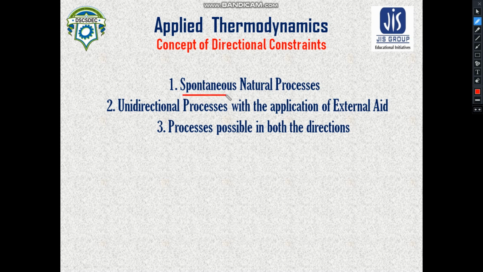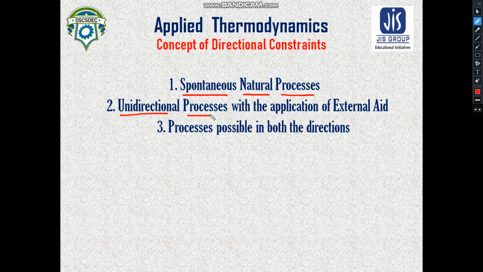This is the first one, the spontaneous natural processes, like water flowing from the higher elevation to the lower elevation spontaneously. Like this one, when electricity is flowing through a wire, the wire is insulated and we observe a temperature rise, and thermal energy generation there.